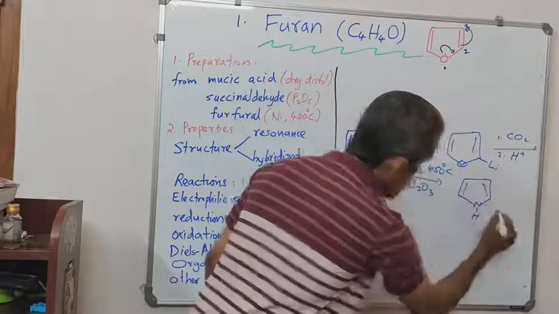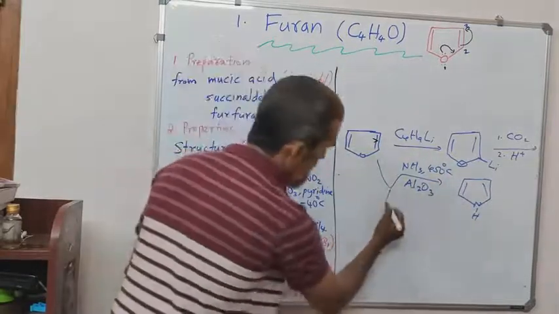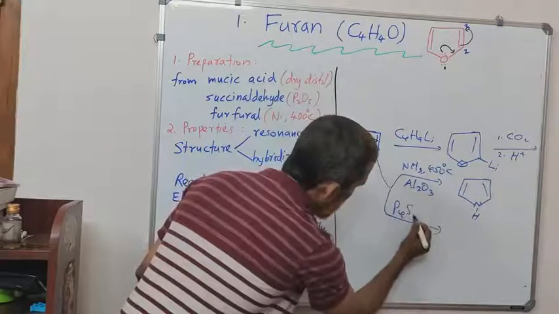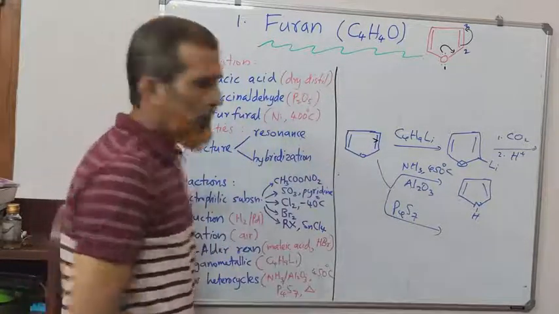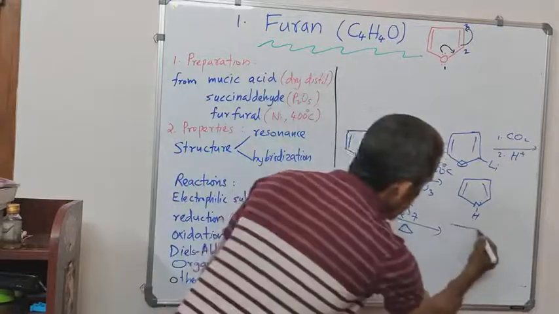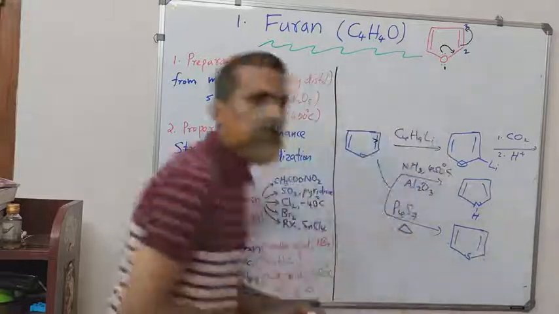What is this product? This is pyrrole. So furan into pyrrole using this reagent. The next one, using the sulfur compound, phosphorus sulfide, and if you heat it, oxygen is replaced by sulfur. What is this product? This is thiophene.